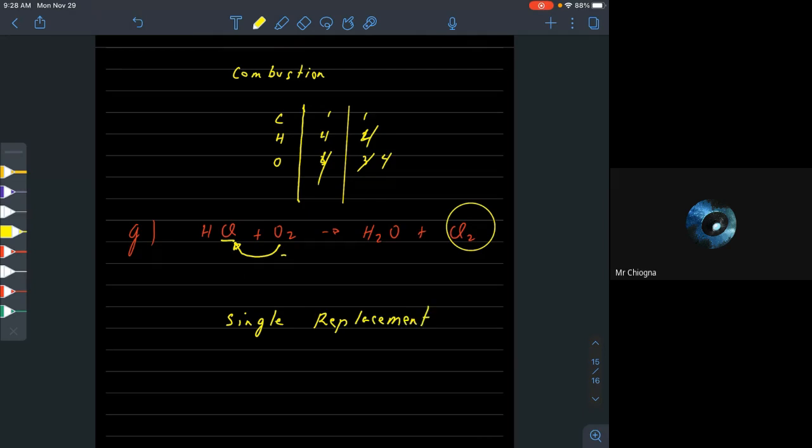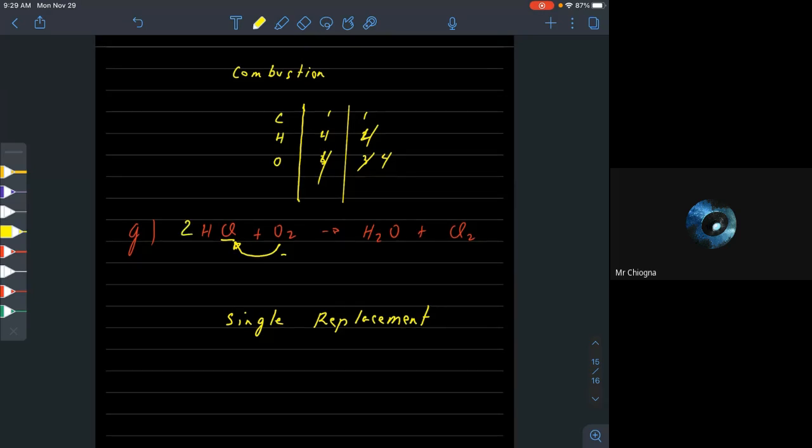Okay, there's two types of single replacement. Either the metal is being kicked out or the nonmetal is being removed. In this case, it's a nonmetal. Is it balanced? Well, no, not yet, but it will be. 2 chlorine. Let's try this out. 2 hydrogen, 1 oxygen. So far, everything's balanced except the oxygen.